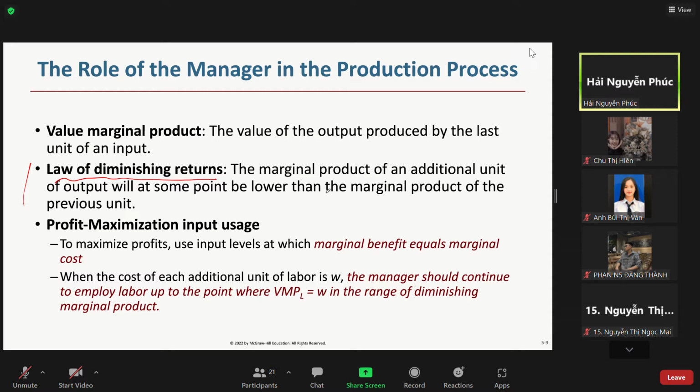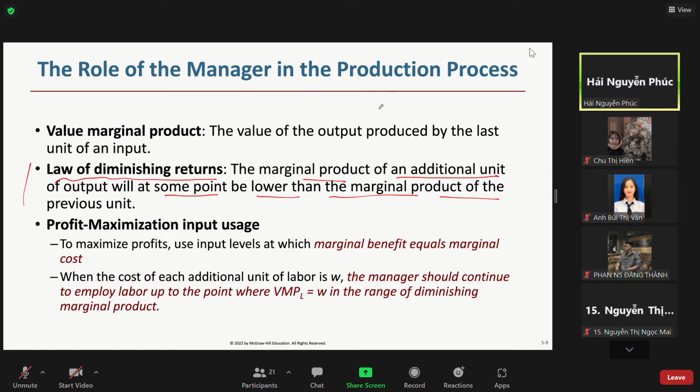It tells us that the marginal product of an additional unit of output at some point would be lower than the marginal product of the previous unit.